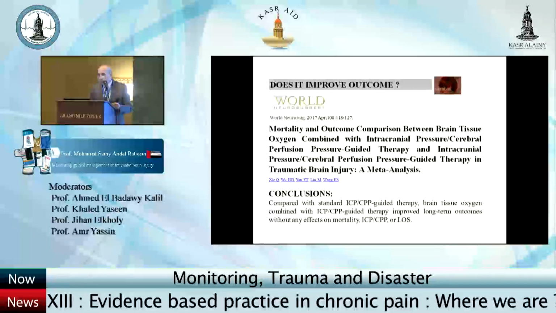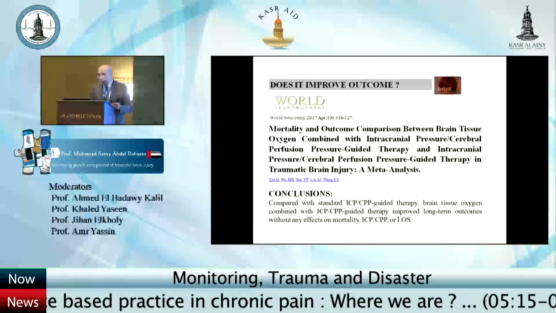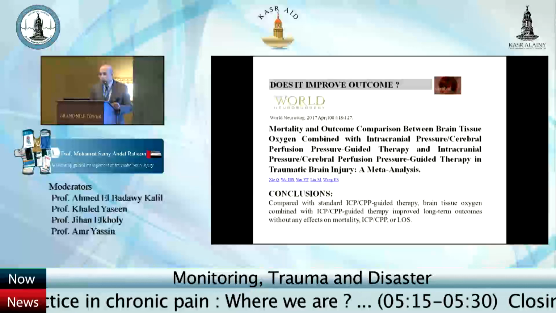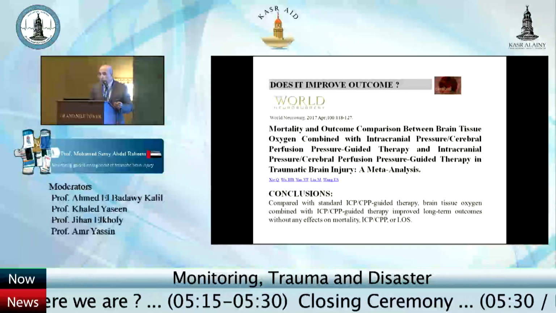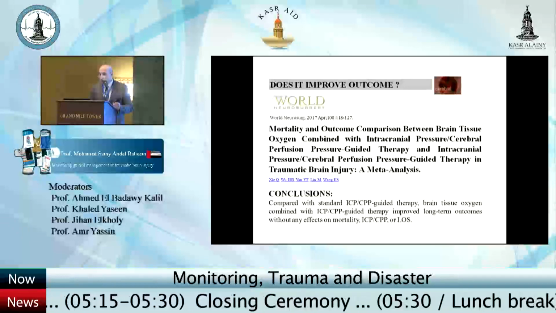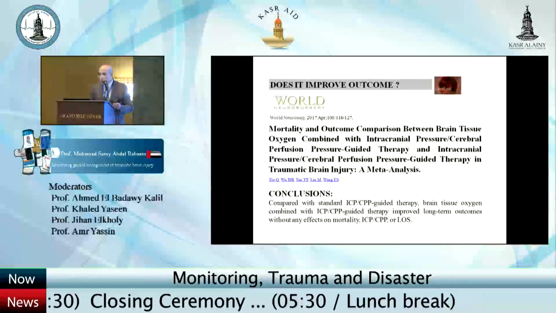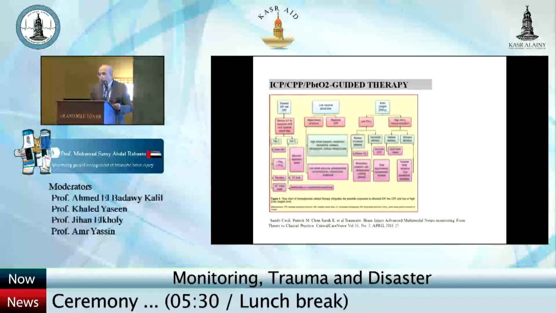And this study this year in World Neurosurgery, a meta-analysis, showed that compared with standard ICP, CPP guided therapy, if we add brain oxygen tension, the outcome is improved.